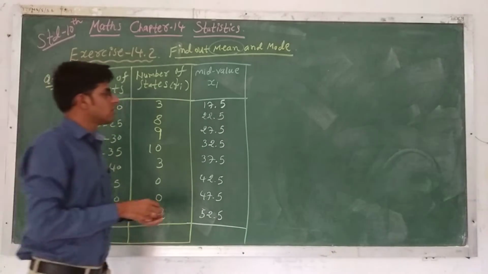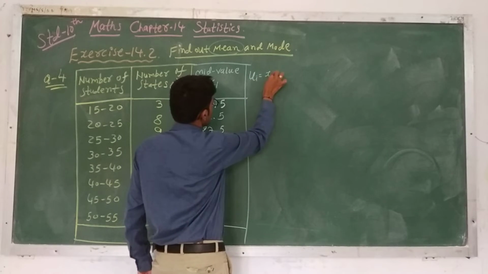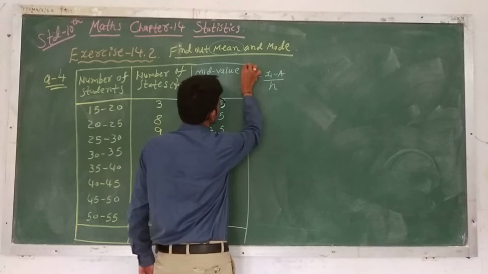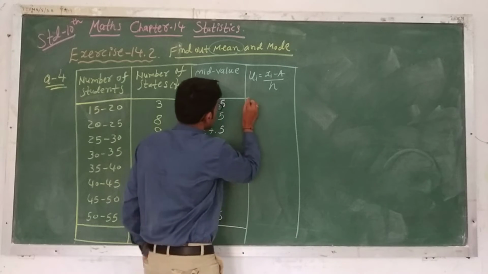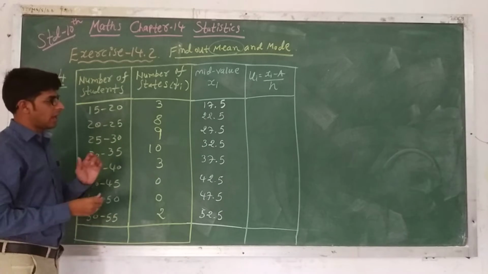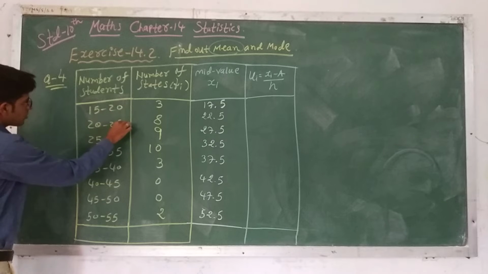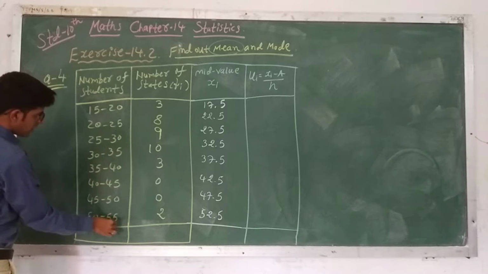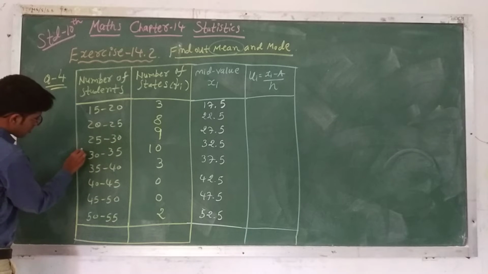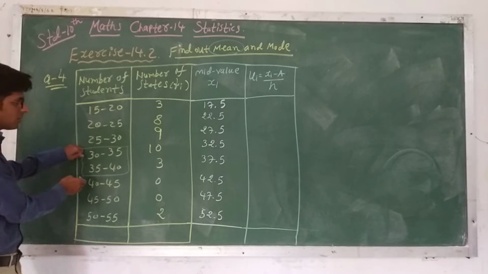Okay. Next we have to find the mean by using the step deviation method. So we have to find ui. ui is equal to xi minus a divided by h. First of all, we have to assume the mean a. Here the total number of classes is 1, 2, 3, 4, 5, 6, 7, 8. Here 30 to 35 and 35 to 40, two classes are in the middle of the given classes.